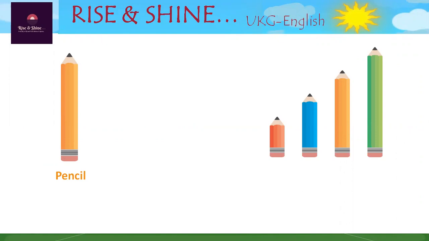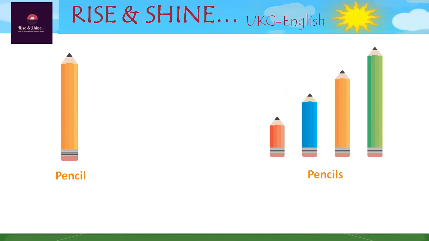And this is called, let's read, P-E-N-C-I-L-S. Yes, pencils. So if it is 1, it is called pencil. And if it is 4, that is more than 1, it is called pencils.